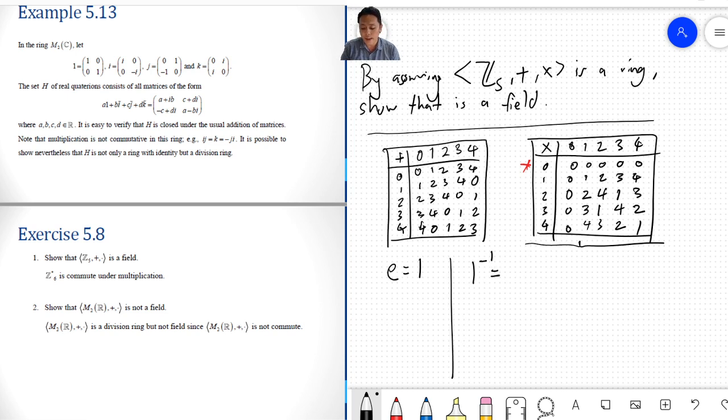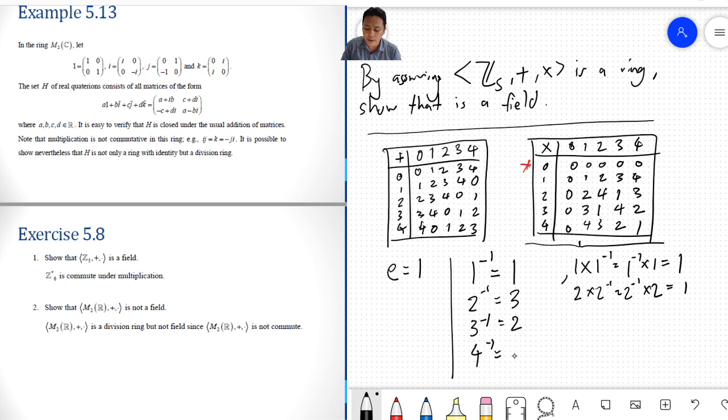The unit of 1 should behave like this: 1 binary multiply 1 inverse equals 1 inverse times 1 equals 1. So the 1 inverse such that it will produce the unity back is 1. The inverse of 2 such that it will produce 1 is 3. You can verify it on your own based on how to read the Cayley table. The unit for 3 is 2 and the unit of 4 is 4 itself.